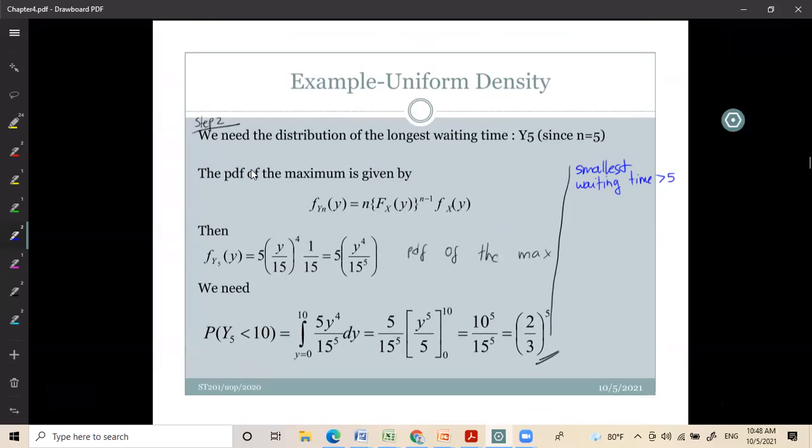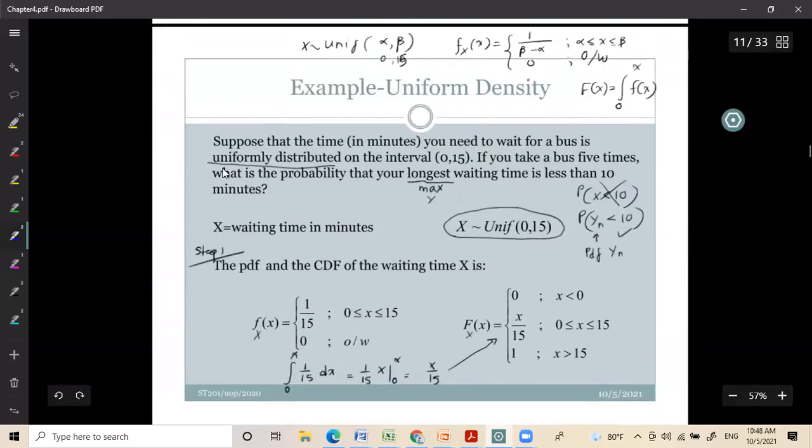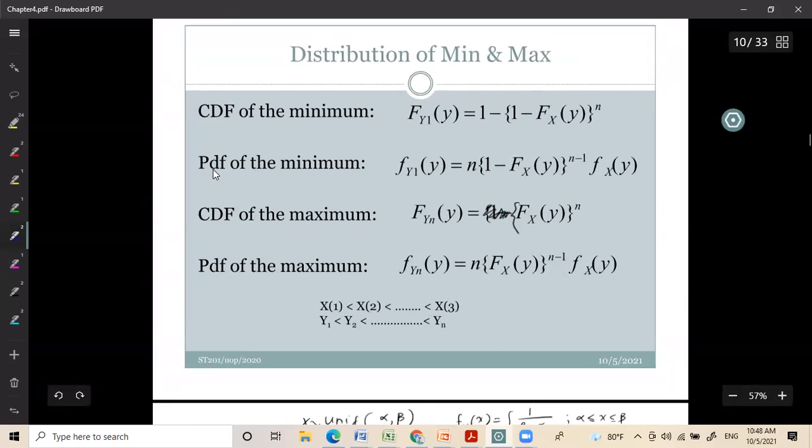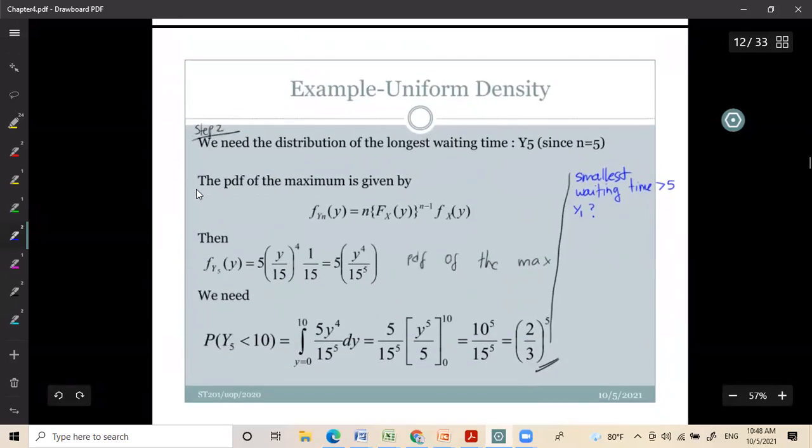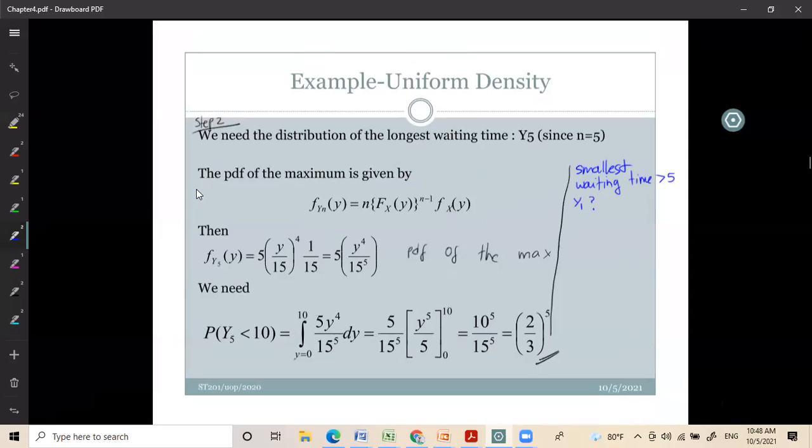You have to find the distribution of y1. Okay, so how do you find the distribution of y1? You know fx, you know simple fx, right? You can simply apply this number, okay? And after you find y1, you integrate it from where to where? Greater than 5, 5 up to 15.